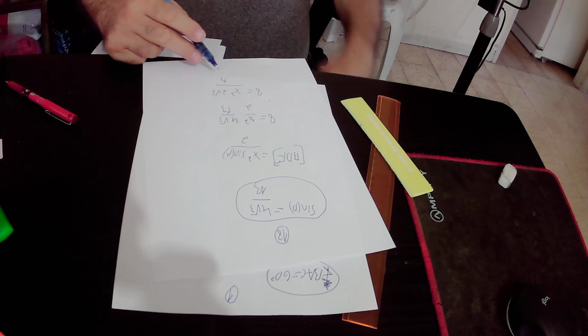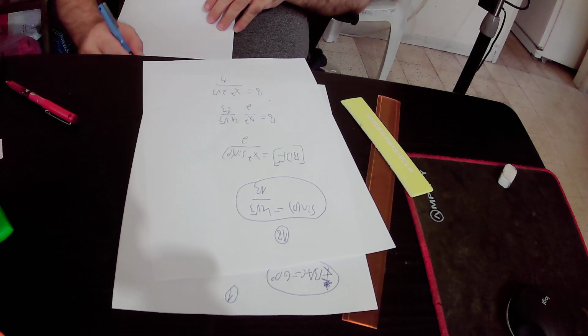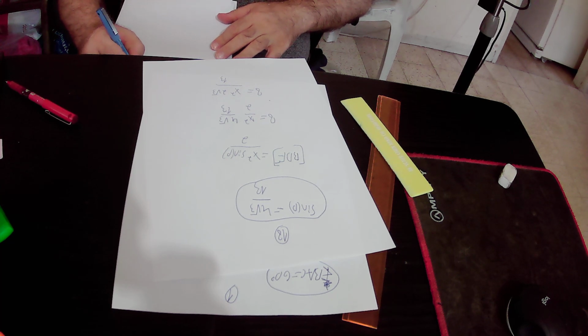Here we can divide this equality by 2, and we will get that 4 equals x squared root 3 over 13.